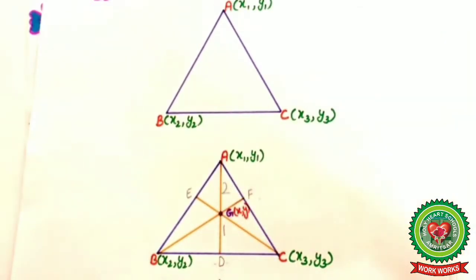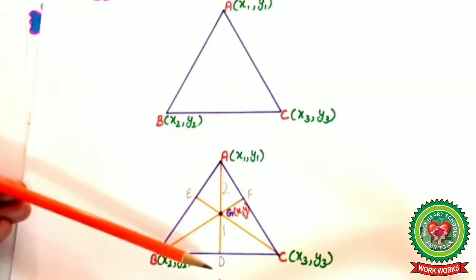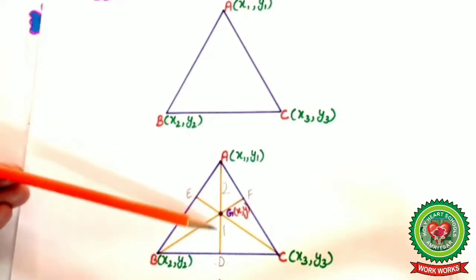2:1. So if we have to find the coordinates of the centroid, first of all we have to find the coordinates of D by using the midpoint formula from B and C. Then after the midpoint formula we have to apply the section formula from A and D, with ratio 2:1.